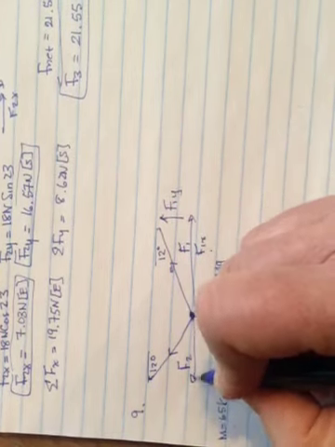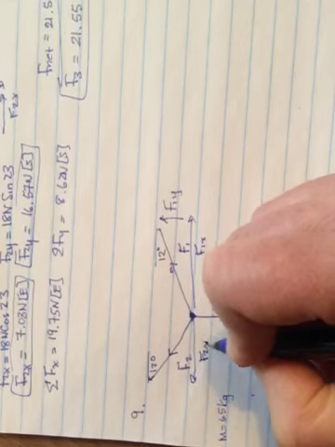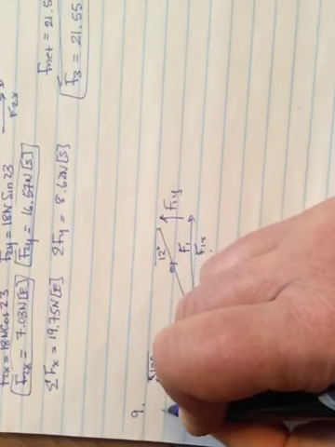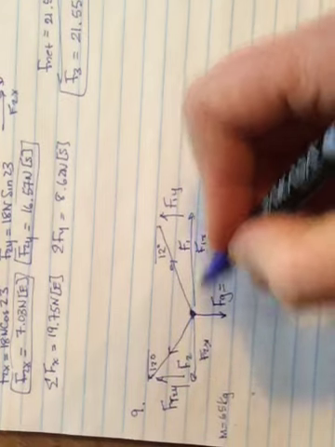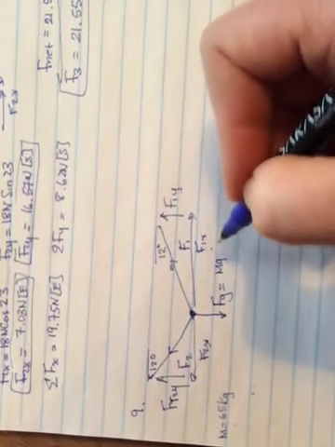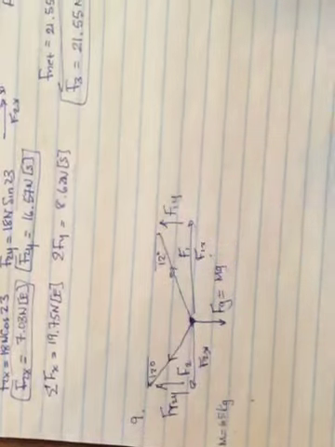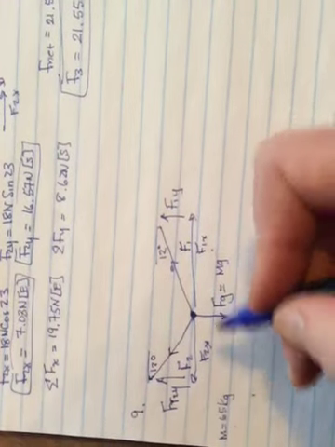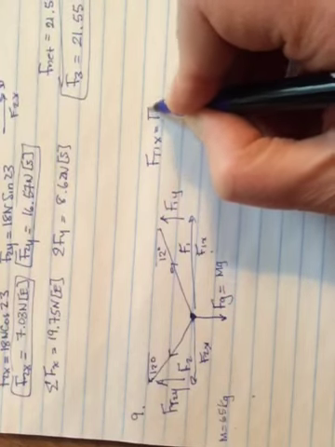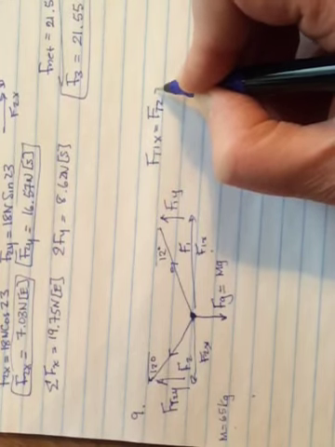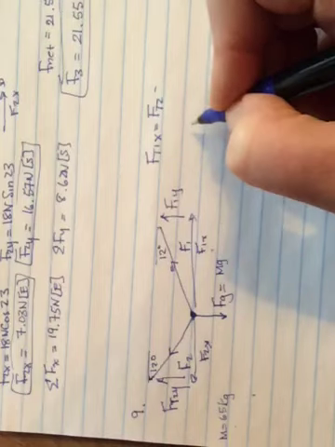And this one has an Ft2x and an Ft2y. Well, the Ft1x and the Ft2x should just be equal and opposite, because this light isn't moving back and forth. So Ft1x should equal Ft2x if it's hanging in equilibrium.